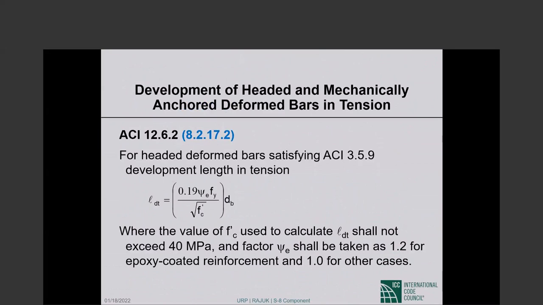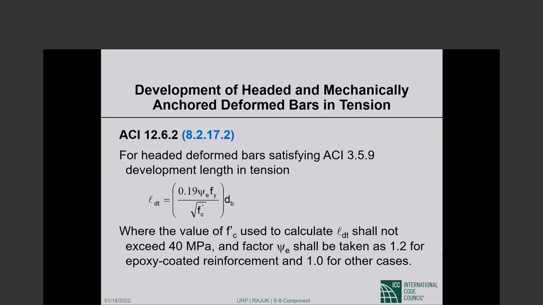So for headed deformed bars satisfying 359, development length in tension is as shown by the expression, again, f sub y, f sub c prime, psi sub e, and bar diameter, where the value of f sub c prime used to calculate L sub dt shall not exceed 40 MPa. This we haven't come across before, but with headed bars we are imposing this limit. The factor psi sub e, the epoxy-coated factor, shall be taken as 1.2 for epoxy-coated reinforcement and 1.0 for other cases.